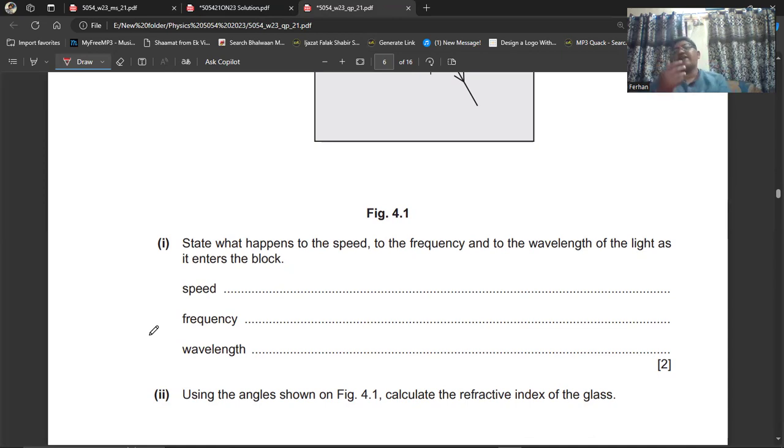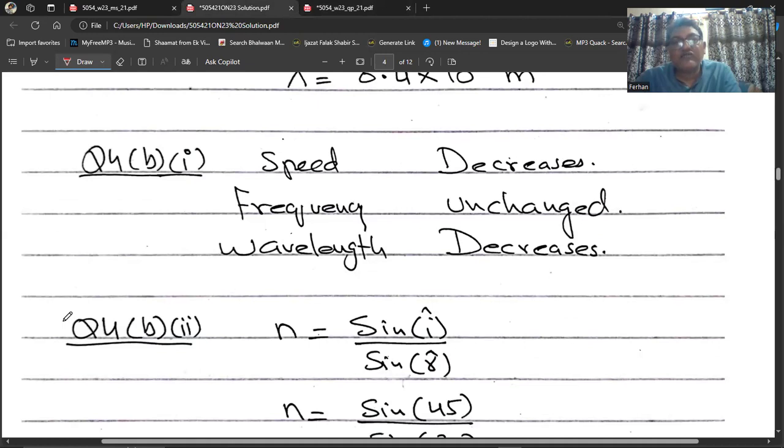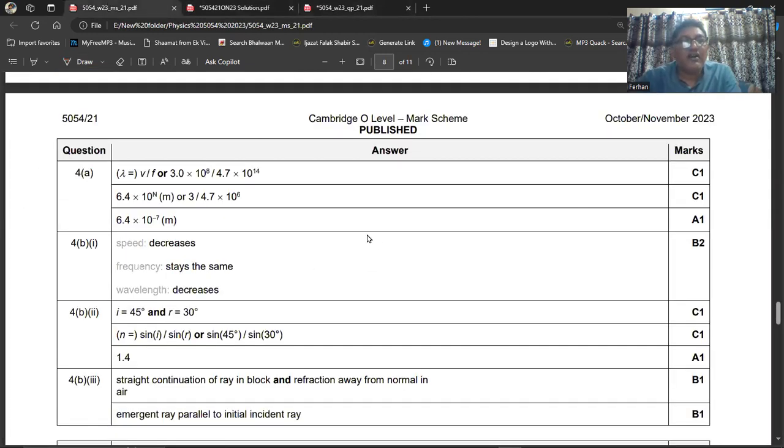When the light enters from a rare medium into the dense medium, the speed of the light decreases. The frequency remains unchanged. Whatever happens with the speed, the same thing happens with the wavelength, so the wavelength will also decrease. So these are my answers. You can look at the marking scheme as well.